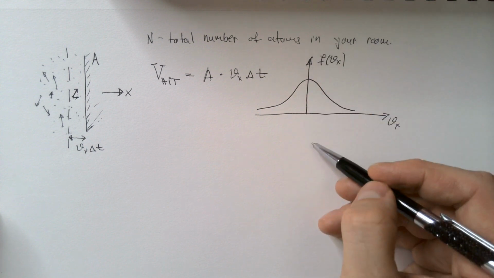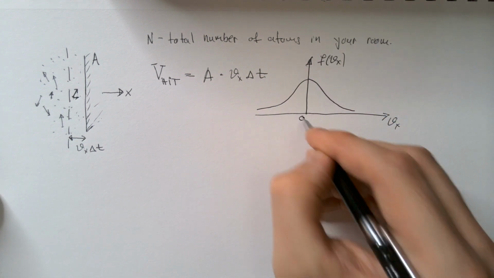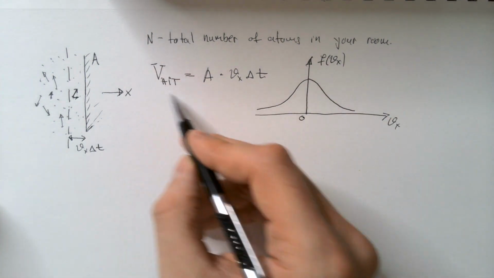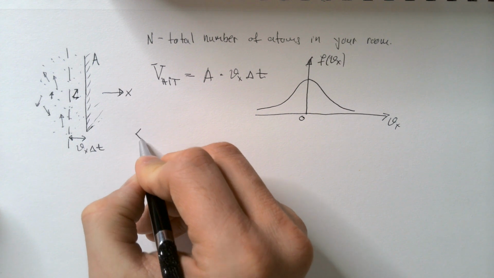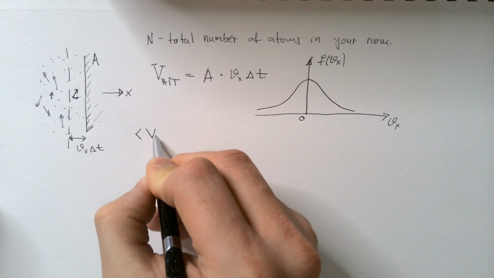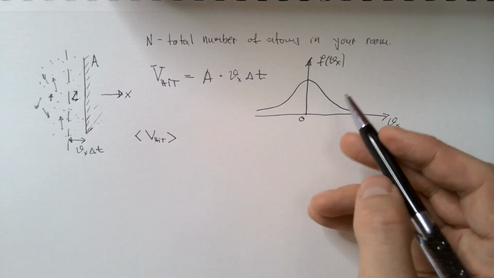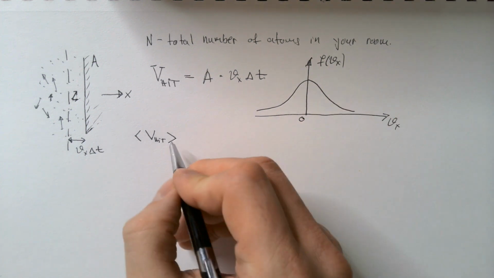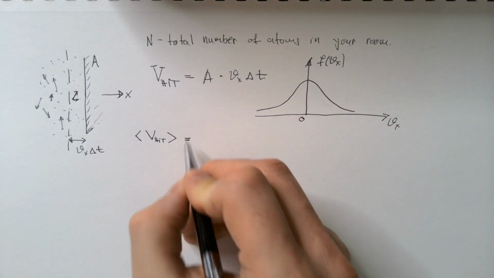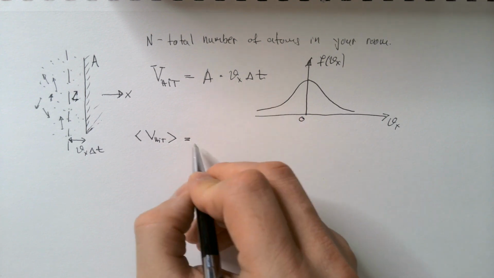The distribution is symmetric around the y-axis and the most probable speed is 0. So instead of the volume of the hit, what we need to find is the average volume of the hit. Why average? Because, as you can see here, some atoms are moving slower and some atoms are moving faster. And the average volume, therefore, will be A times delta t.